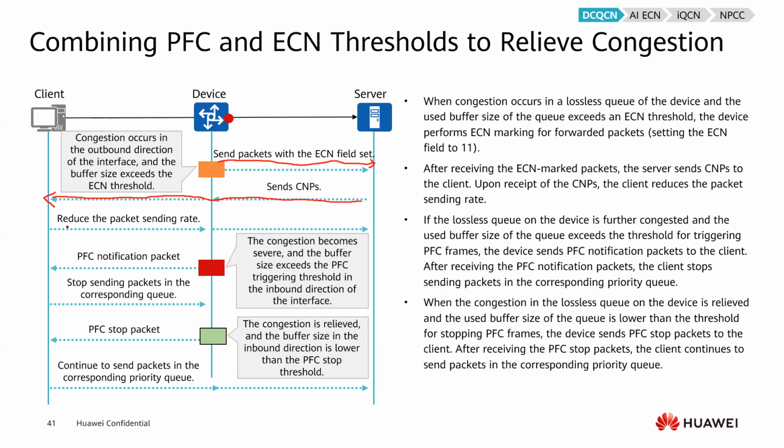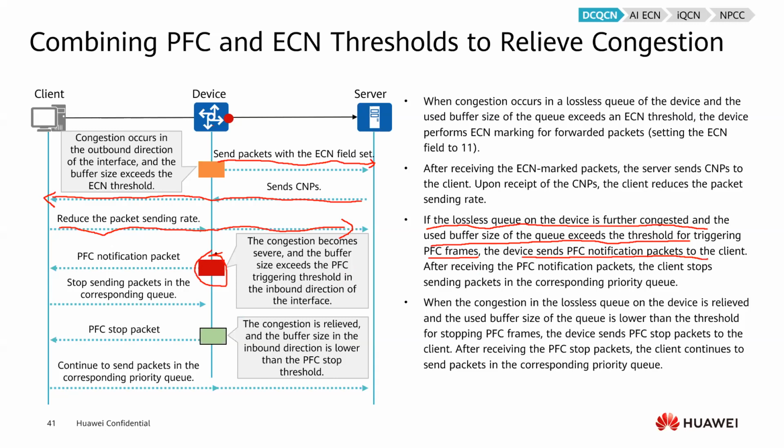The client will reduce the packet sending rate. If the lossless queue on the device is further congested and the used buffer size of the queue exceeds the threshold for triggering the PFC frame, then this is the PFC threshold. The device sends the PFC notification packet to the client.